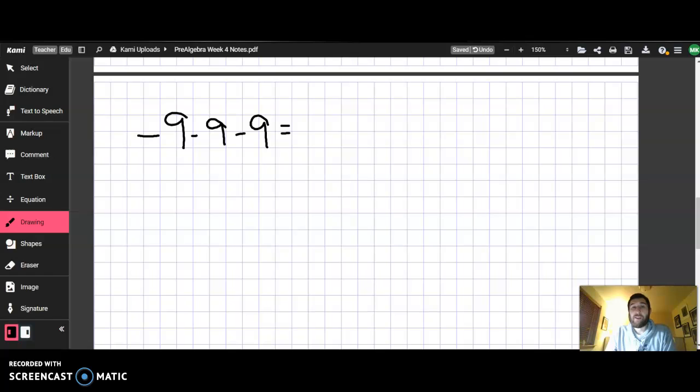Repeatedly subtracting also gives us multiplication, but with a negative number. So minus 9, minus 9, minus 9, that's going left 9, and left 9 more. That's ultimately going to be negative 27 when we simplify it. But when we rewrite it, and so yeah, this is simplified.